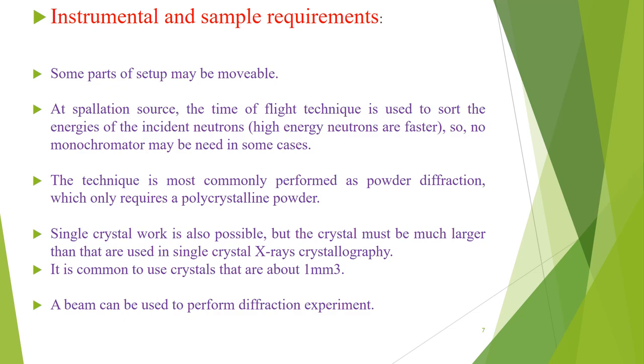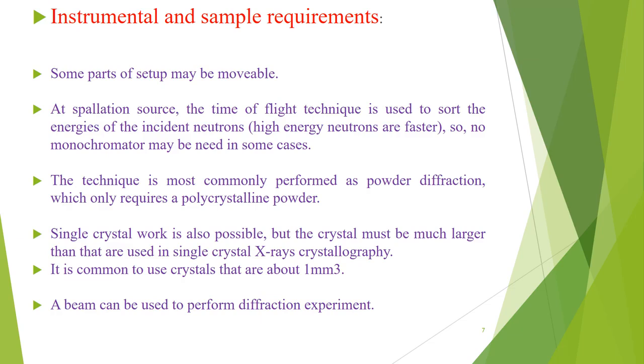The time of flight technique is used to sort the energies of the incident neutrons. High temperature neutrons are faster, so no monochromator may be needed in some cases. The technique is most commonly performed as powder diffraction, which only requires a polycrystalline powder.